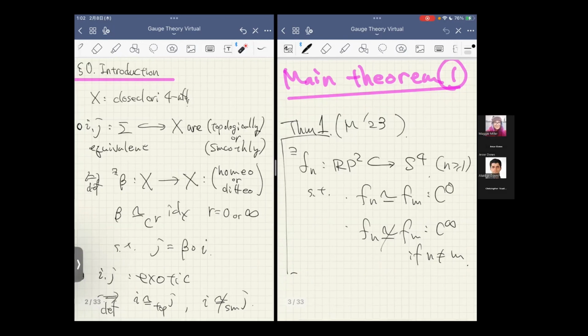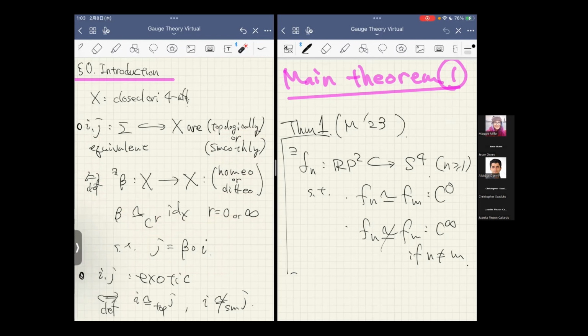So let X be a closed oriented four manifold. Two embeddings I and J of sigma to X are topologically or smoothly equivalent if and only if there exists a homeomorphism or diffeomorphism, topologically or smoothly isotopic to the identity, that satisfies this relation.